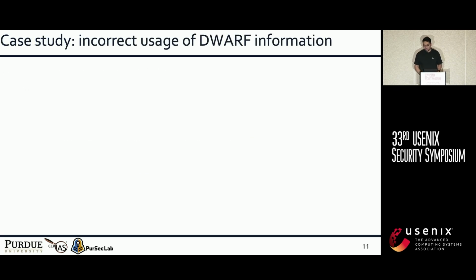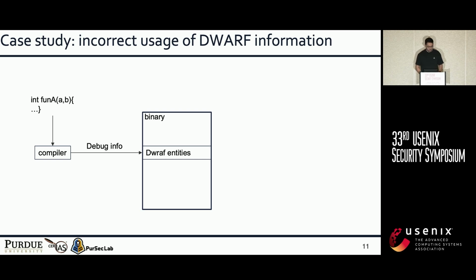Let's take a look at the first case study, incorrect usage of DWARF information. Basically, the compiler is given a function. The compiler will store the debug information in DWARF entries in the binaries, and Ghidra will use this information to help recover, for example, the function prototype.